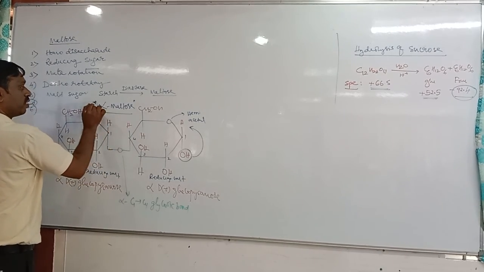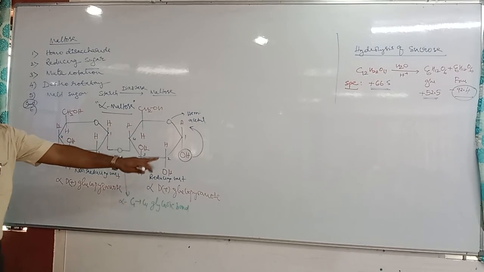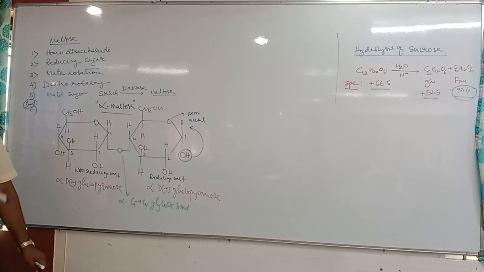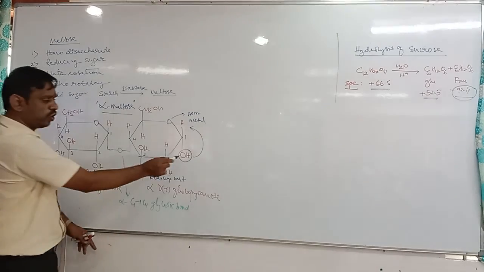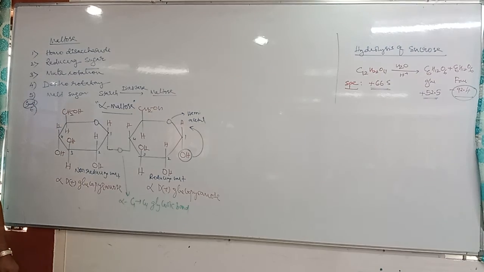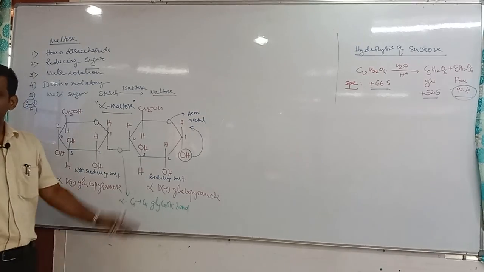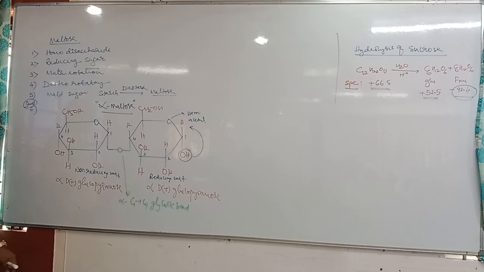In the textbook they mention alpha maltose and beta maltose. Can you convert it into beta maltose? Yes, the OH group goes up and H is below, and it becomes beta maltose. So alpha maltose and beta maltose are possible, and therefore mutarotation is possible. Is there alpha and beta sucrose? No, we have seen that the bond is fixed there. That is not possible. Here it is possible.